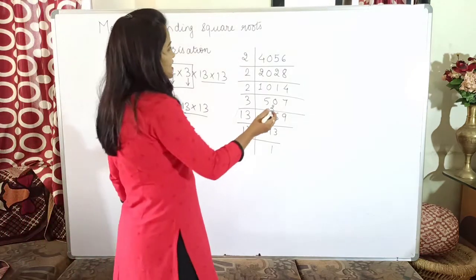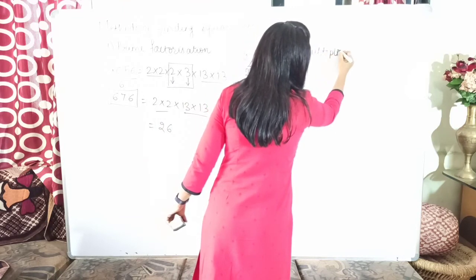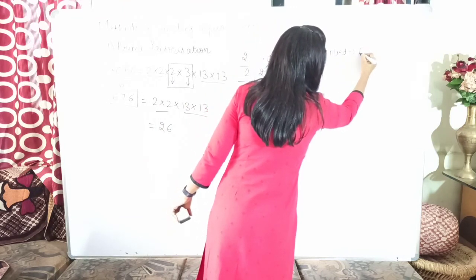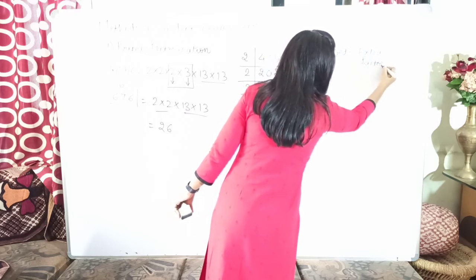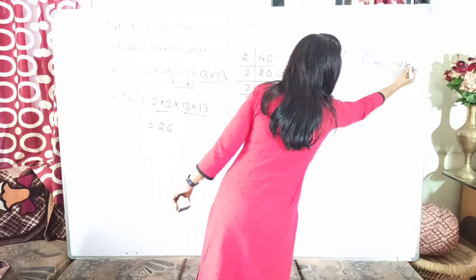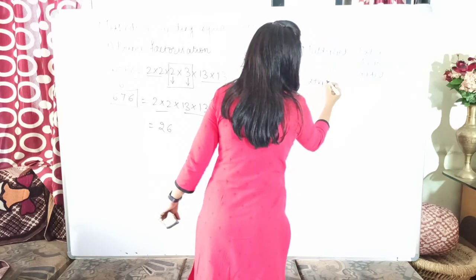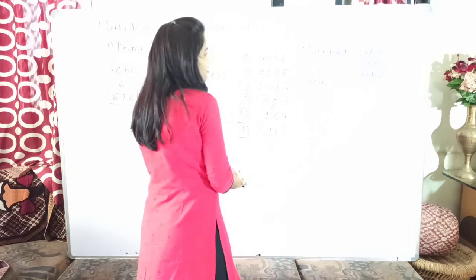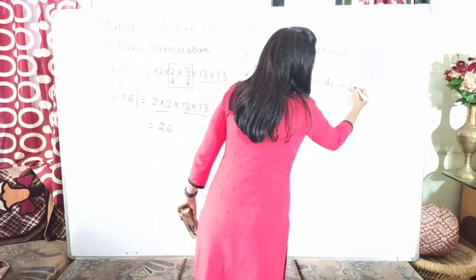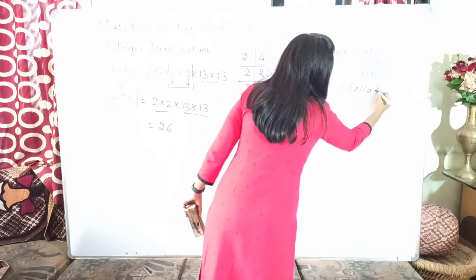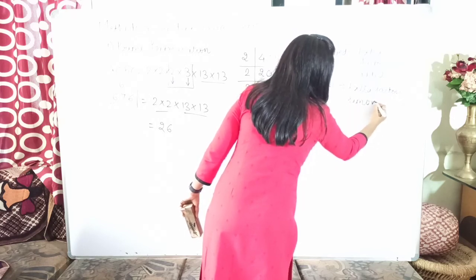So whenever they ask you by what number it has to be multiplied, the extra factors have to be added. And when they ask by what number you have to divide, then whatever are the extra factors, that has to be removed.